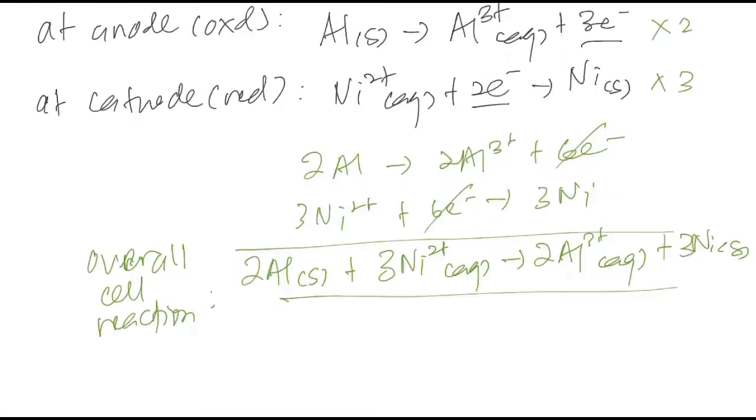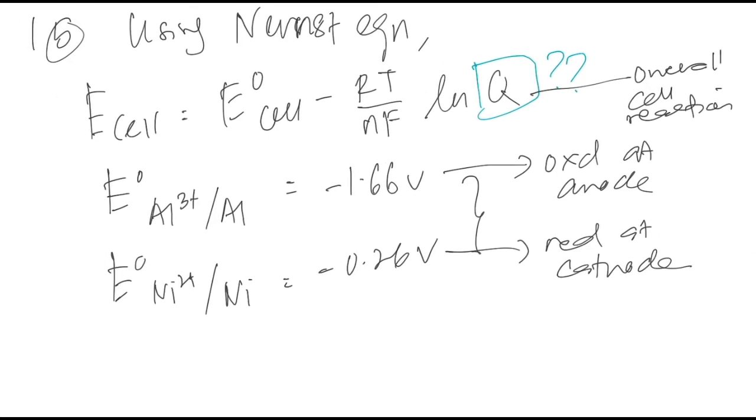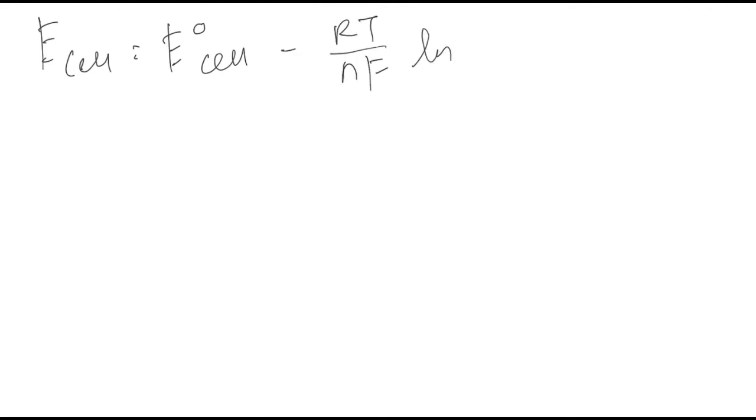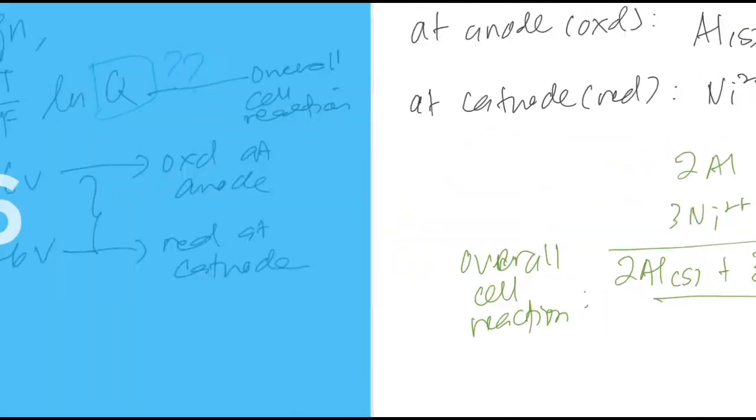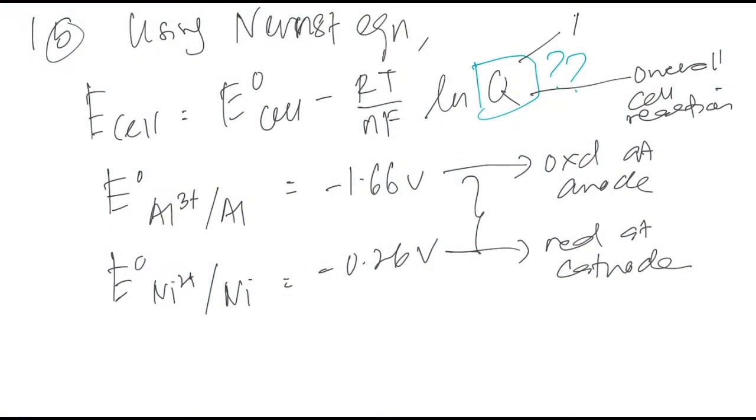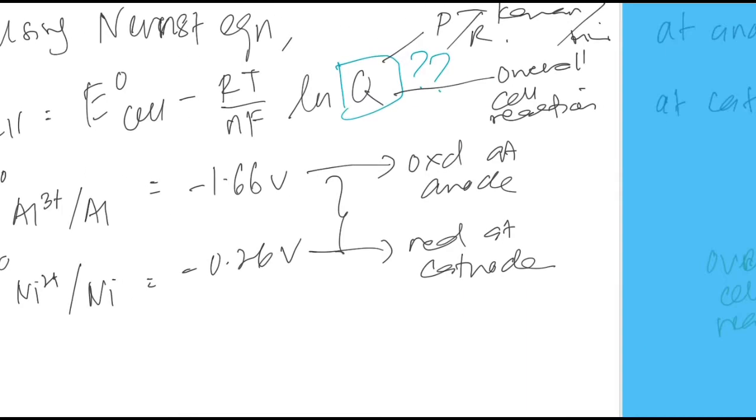Then we can define Q. Coming back to the formula, E cell equals E naught cell minus RT over nF ln Q. Now we can define Q. To remind you, Q here is product over reactant, right over left.